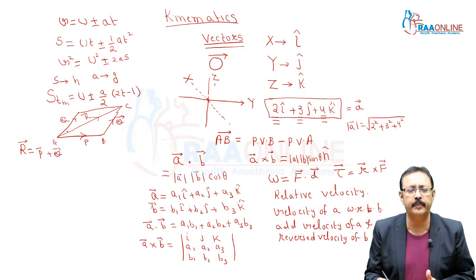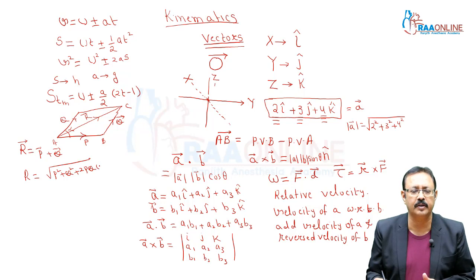If angle between P and Q is alpha, you can calculate modulus of R by the formula root of P square plus Q square plus 2PQ cos alpha.